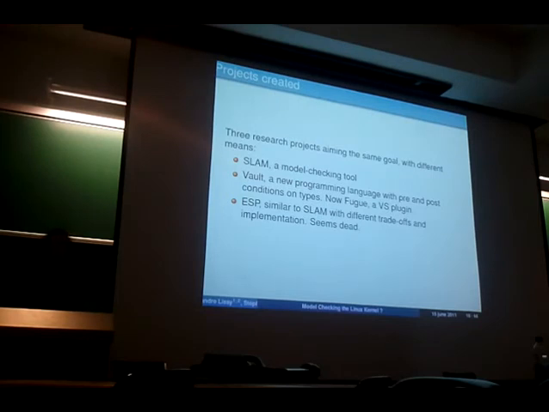Vault was a new programming language with the ability to set up pre- and post-condition types that would allow checking the correct usage of the interface and any variables. Now it has ended up as a Visual Studio plugin which does some checking on .NET code. So it was not that much of a failure.